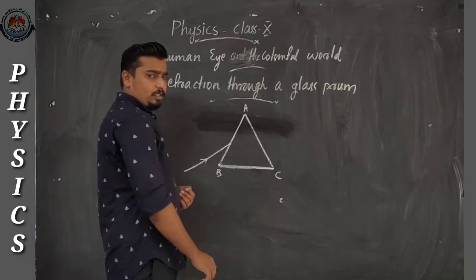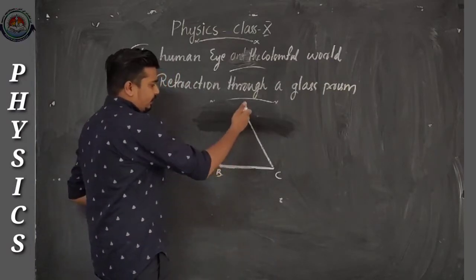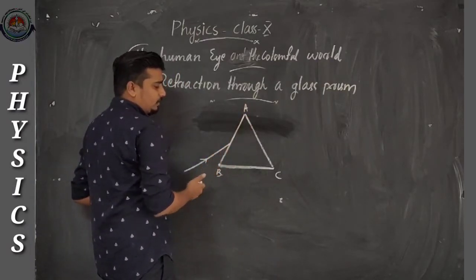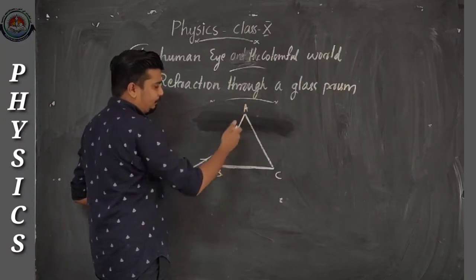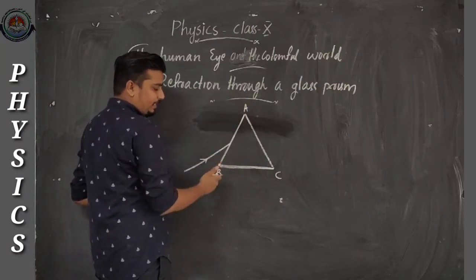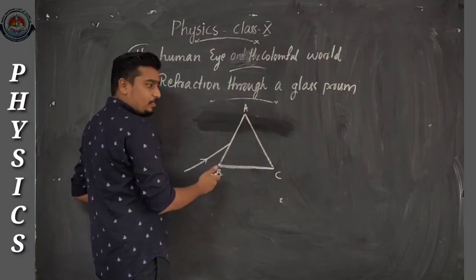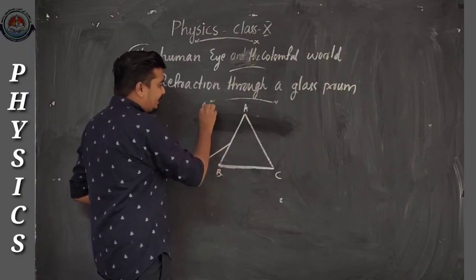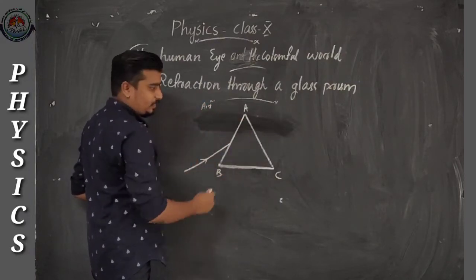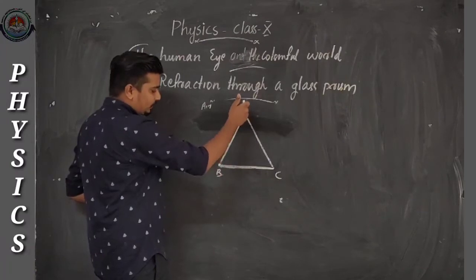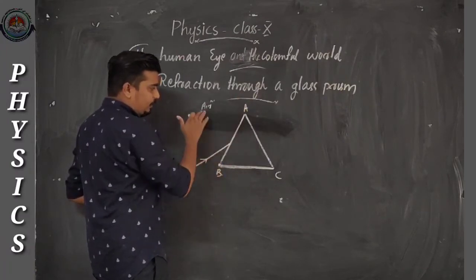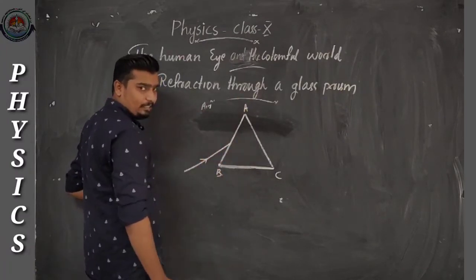AB is an interface between air and glass.